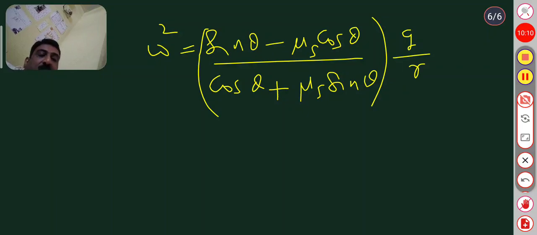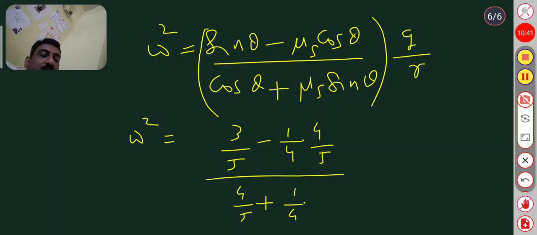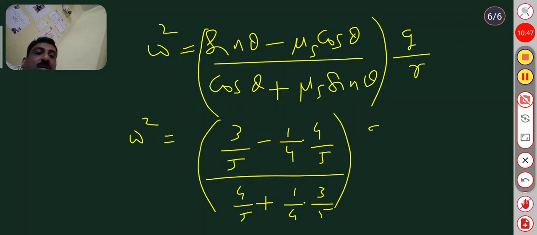So that means your omega square will be equal to sine theta. From the right angle triangle of this inclined plane, sine theta is 3 by 5, minus mu s, which is given as 1 by 4, into cos theta, which is 4 by 5, whole divided by cos theta, which is 4 by 5, plus mu s, that is 1 by 4, into sine theta, which is 3 by 5, whole multiplied by g, which is 9.8, and the radius, which is 0.4.